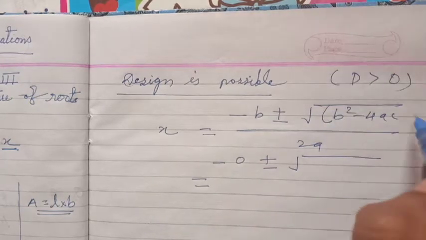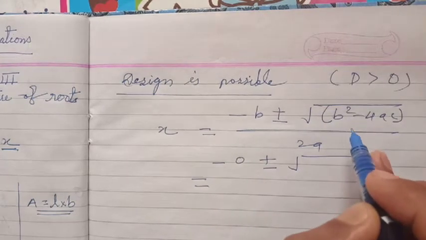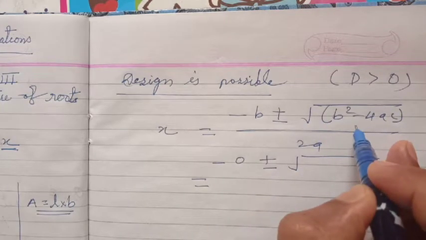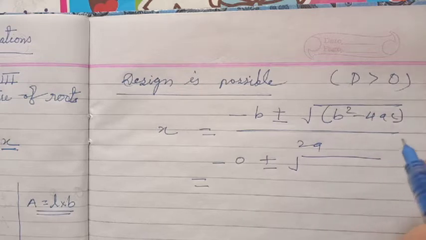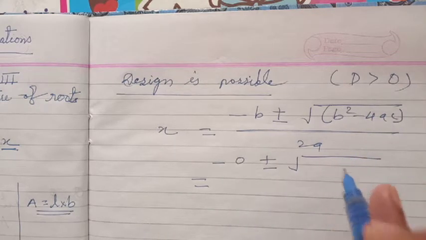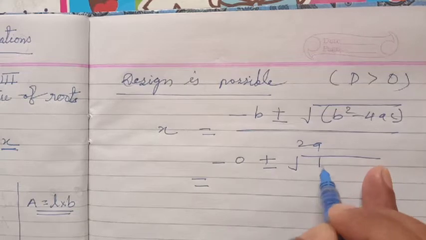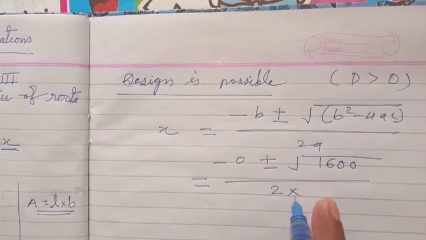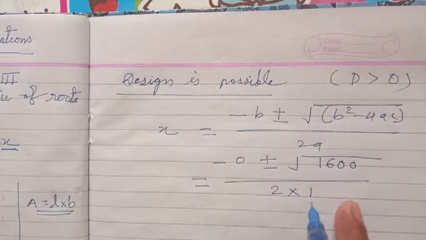We have the value of only b square minus 4ac, not we have value of under root b square minus 4ac. So we should write the value of b square minus 4ac inside the square root. Okay, and what is that value? 1600 upon 2a. What is the value of a here? 1.